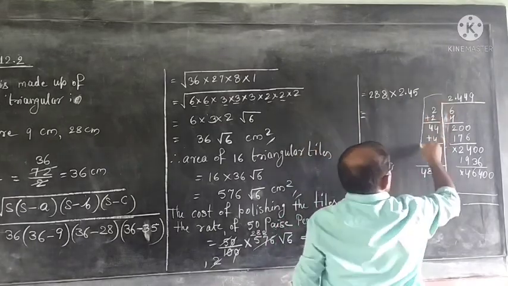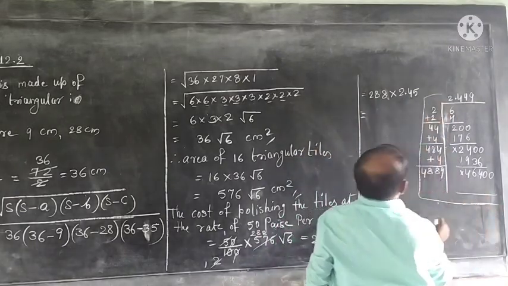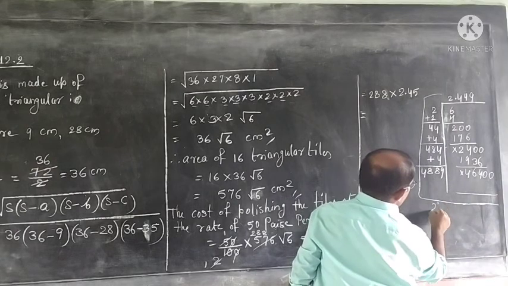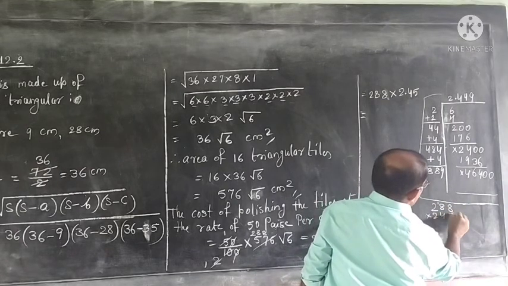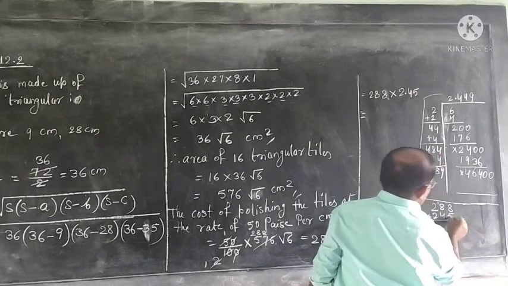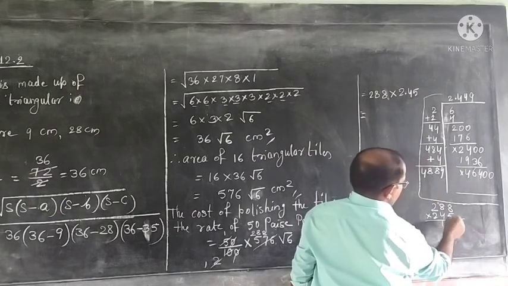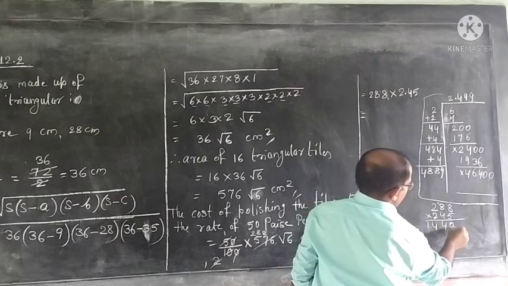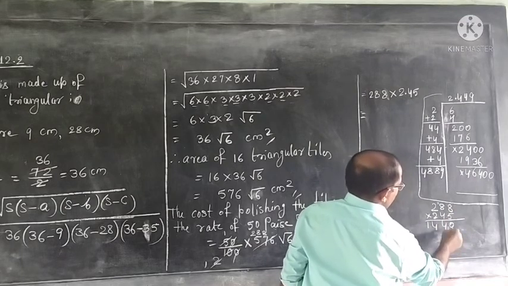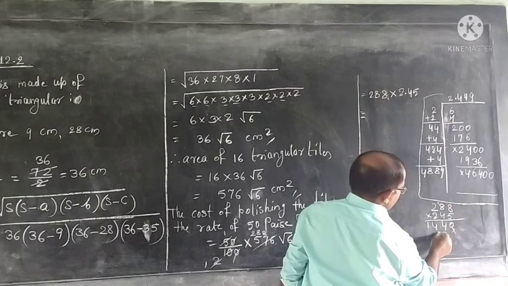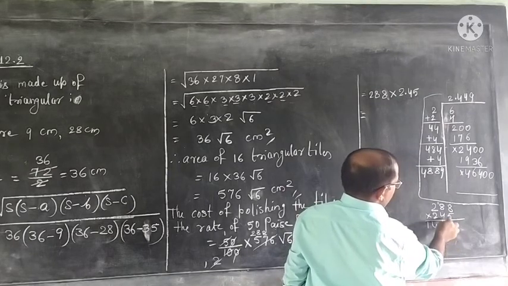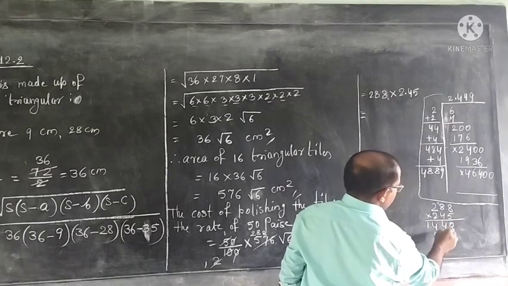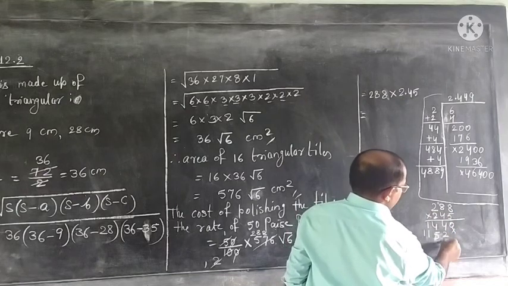This is your rough work portion, but very important. Now, 288 into 245, we will multiply, 8 5s are 40, 8 5s are 44, 5 2s are 10, 4 14, 8 4s are 32, 3 36, 35, 8 4s are 32, 3 35, 3 4 2s are 8, 3 11.